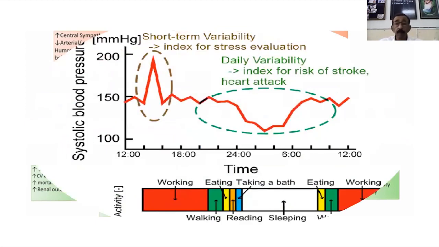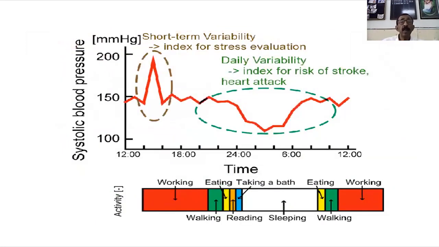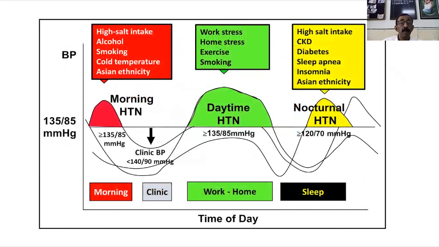Now, this slide again shows the short-term BP variability of systolic blood pressure. Hypertension can be a morning hypertension, shown in red, daytime hypertension, shown in green, or nocturnal hypertension, shown in yellow. This can be depicted by the ambulatory blood pressure monitoring.